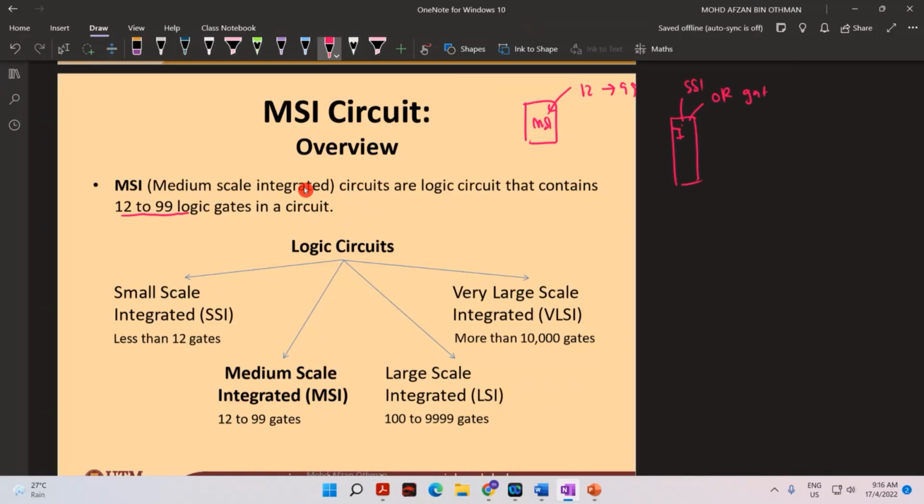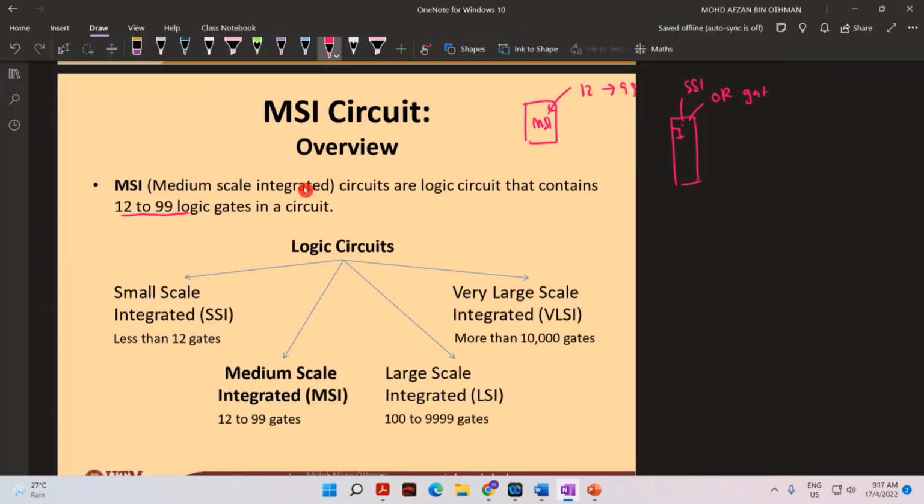For the medium scale integrated circuit, or MSI, it consists of 12 to 99 gates inside the IC. Then the LSI stands for large scale integrated circuit. It consists of 100 to 9,999 gates inside the IC.